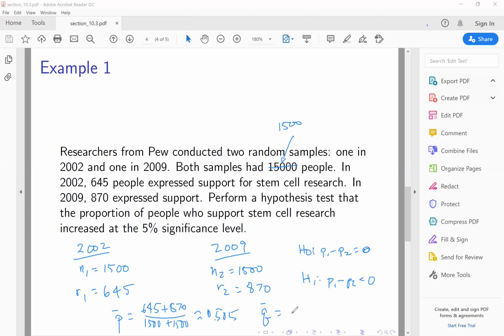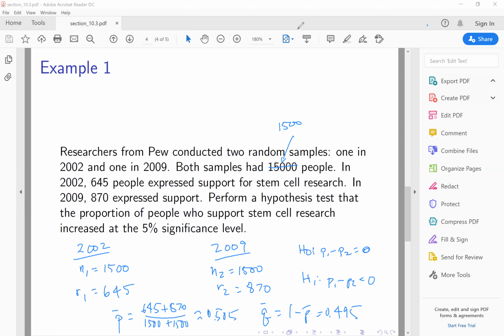Q bar is 1 minus that. So that will be 0.495. So we have to verify certain things are true. We need to verify that P bar times N1 is bigger than 5, Q bar times N1 is bigger than 5, etc.